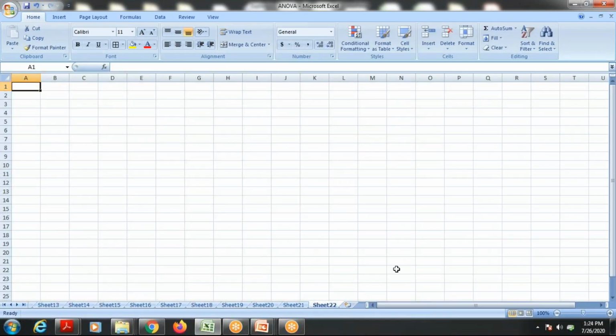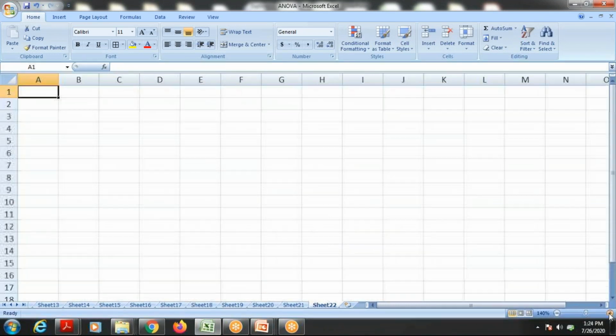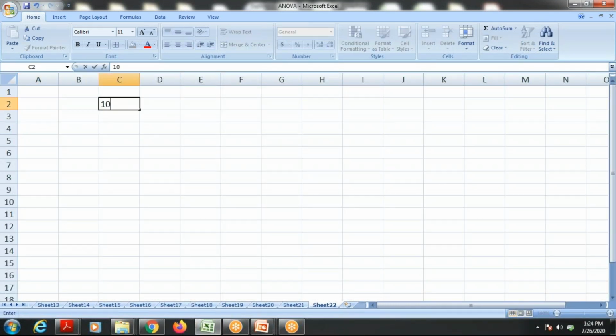Let's say your data points are given like 10, 100, 1,000, 10,000, likewise. If you see, it does not seem normal. Let's say another has 5 zeros. It is not looking like normal. Got it? This is my x.